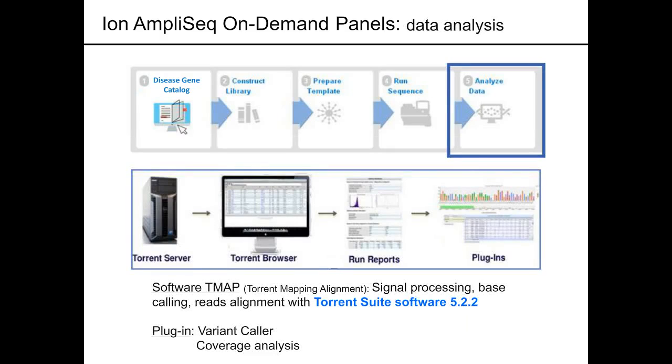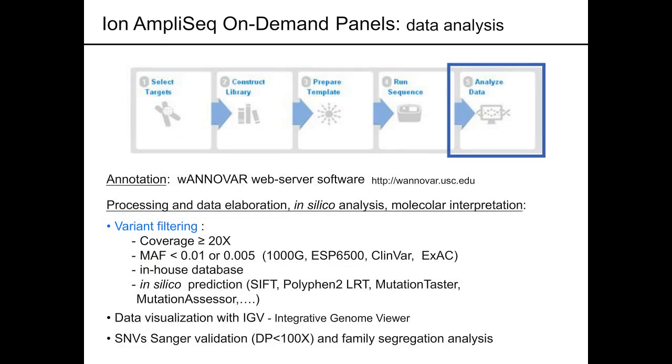The data analysis was initially done with the Ion Torrent Suite software 5.2.2 with a couple of plugins, the variant caller and the coverage analysis, and the rest of the in silico analysis was done according to our current protocol.